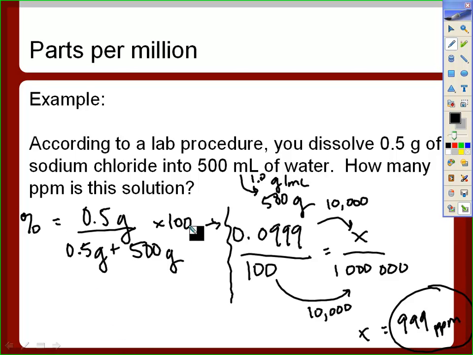So the key to this is deciding what percent. Remember, parts per million is more appropriate for things that are very small, so it's probably going to be a very small percent, and then multiplying that by 10,000 to get parts per million. So parts per million and percent are related to each other very closely.